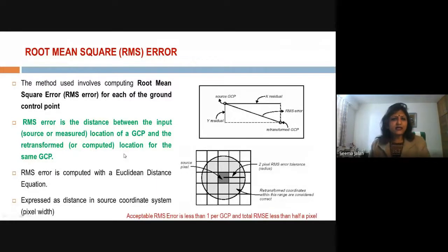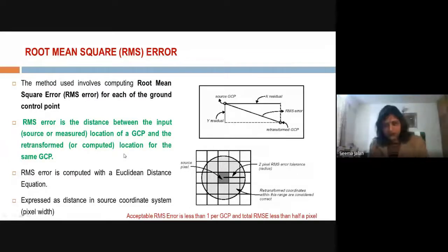Then I should get the same small xy, the same image coordinates, but the problem is that this does not happen. There is a shift between the input xy and the computed one.